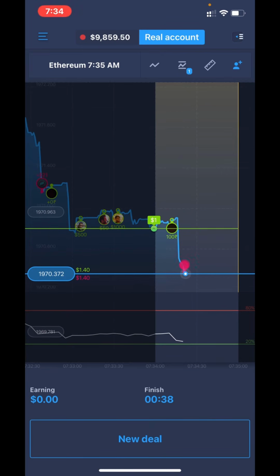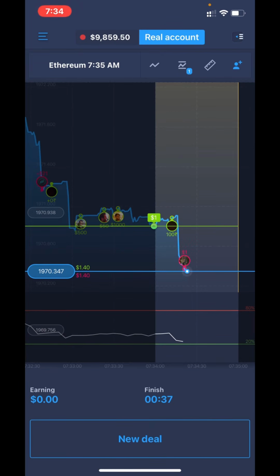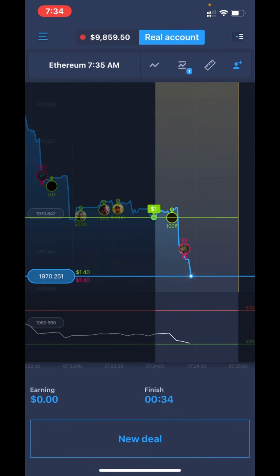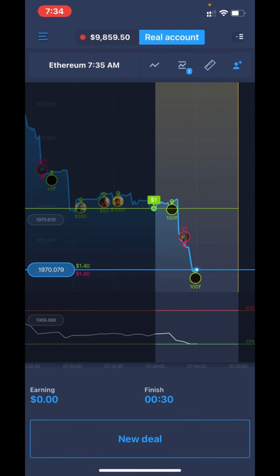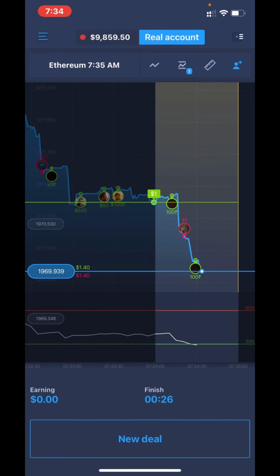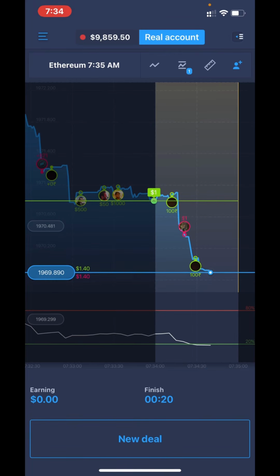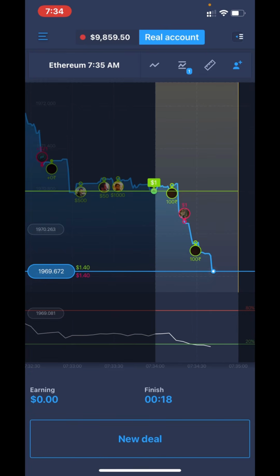Oh, look at that. So now it has touched the 20. Can you imagine? We should have waited. Looking at this trade, we might lose it. But even if we lose it, it's just the $1 we invested. So let's see.